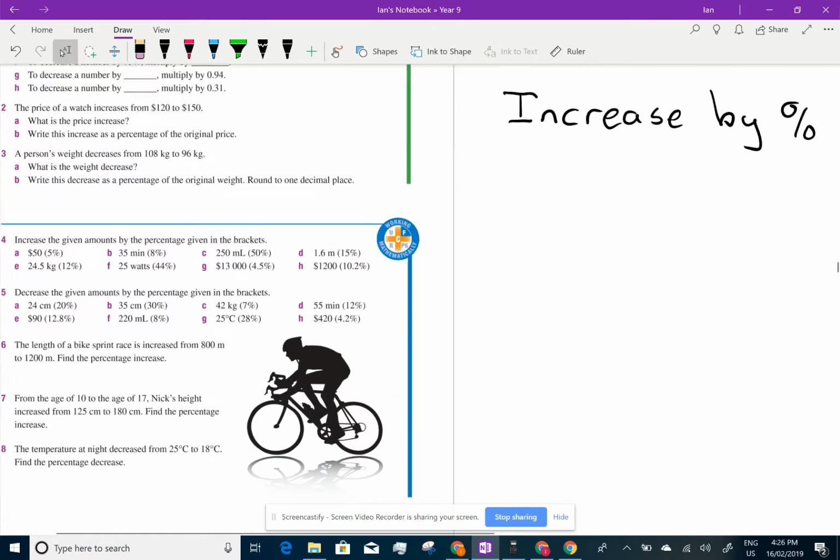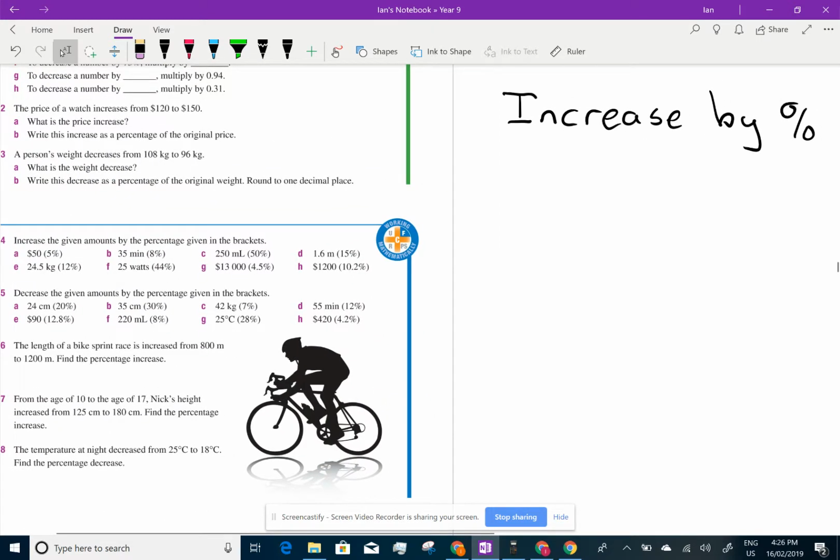Look at the percentage. For example, here, I'm going to increase $50 by 5%. So I go 5 plus 100 is 105%.